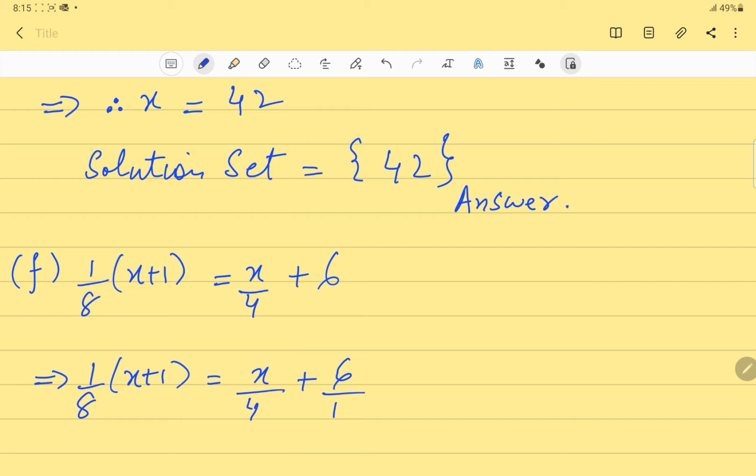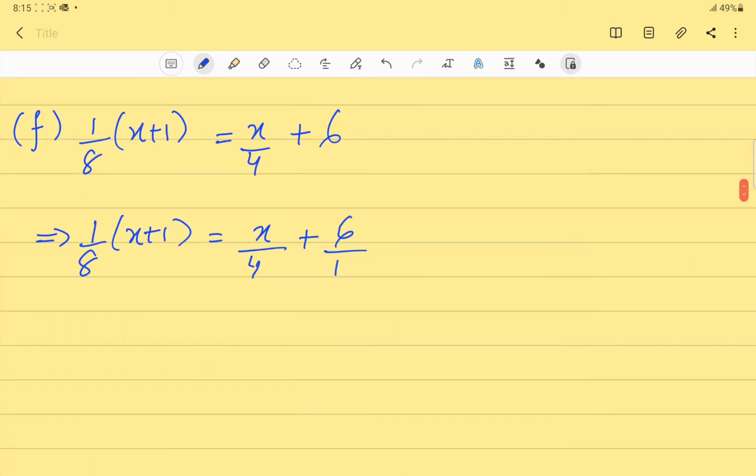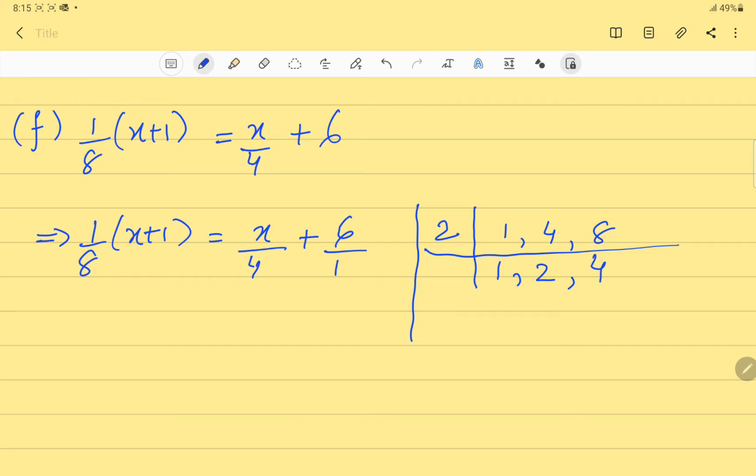So now we have three denominators, 1, 4 and 8. Let's go ahead and find their LCM. Numbers are 1, 4 and 8. We can divide two of these numbers by 2, which are 4 and 8. 1 we cannot do anything, so we will bring it down as it is. 2 2s are 4 and 2 4s are 8.